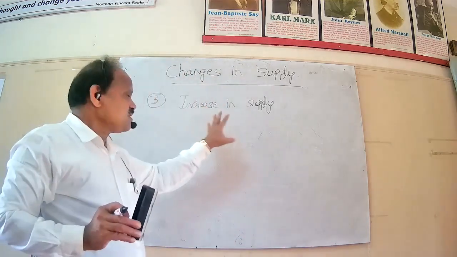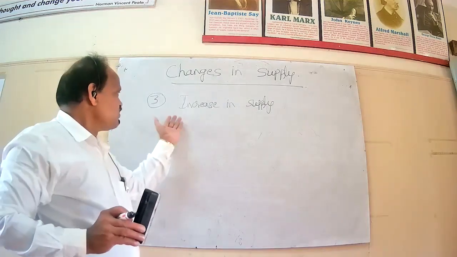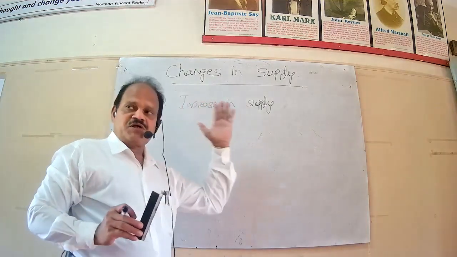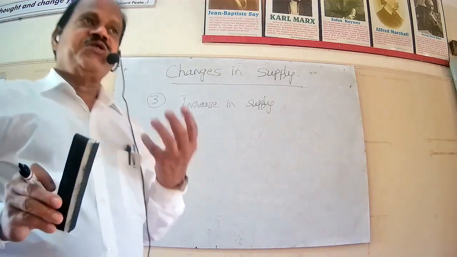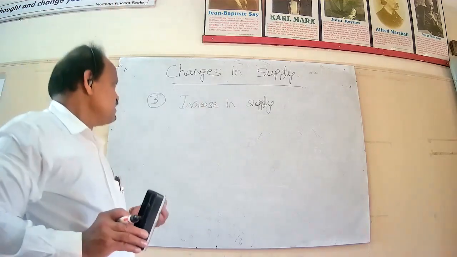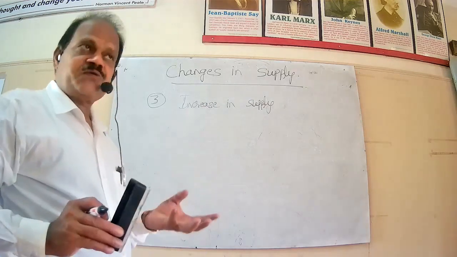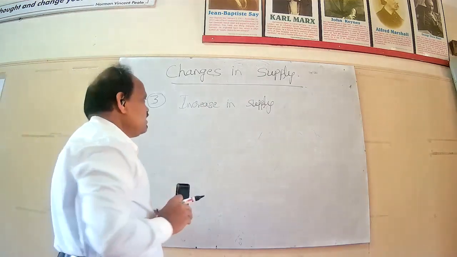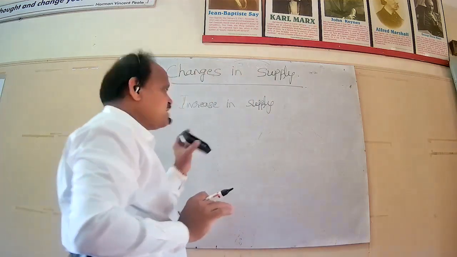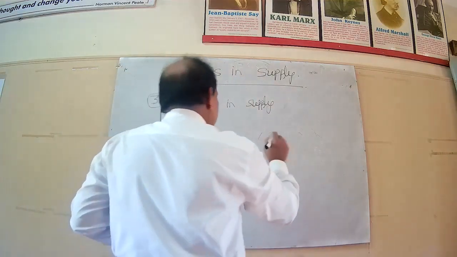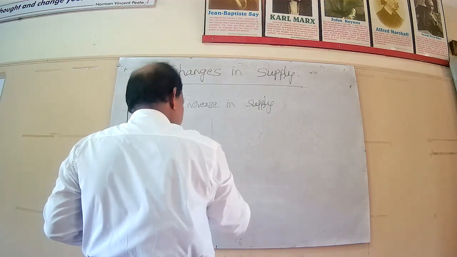So here price remained the same, but due to the changes in the factors other than price, supply may increase. For example, changes in technology, changes in the cost of production, changes in the government's policy, changes in season and climate, expectations. So these can also influence the level of supply, but supply will go on increase at the same price here. In this case, the seller can't remain on the same supply curve.